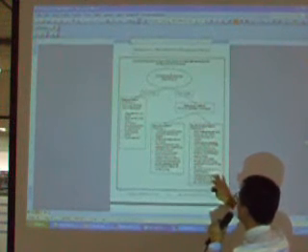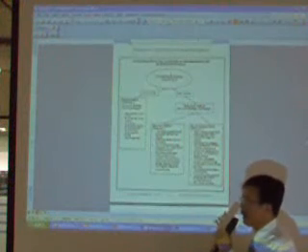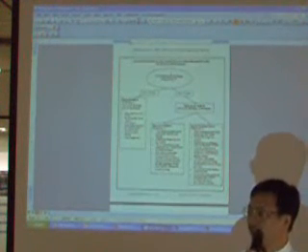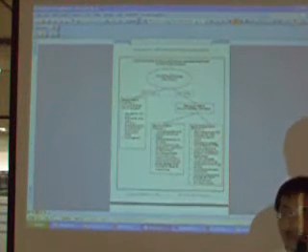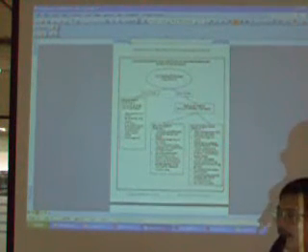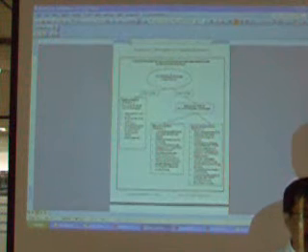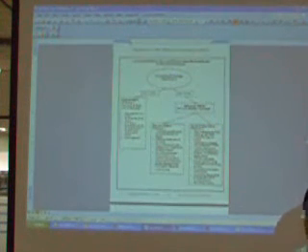And the software is easier to use because it has a very user-friendly graphical user interface, GUI.